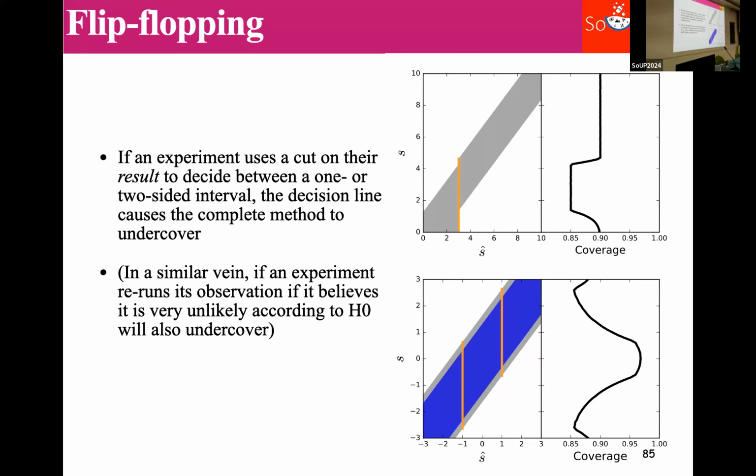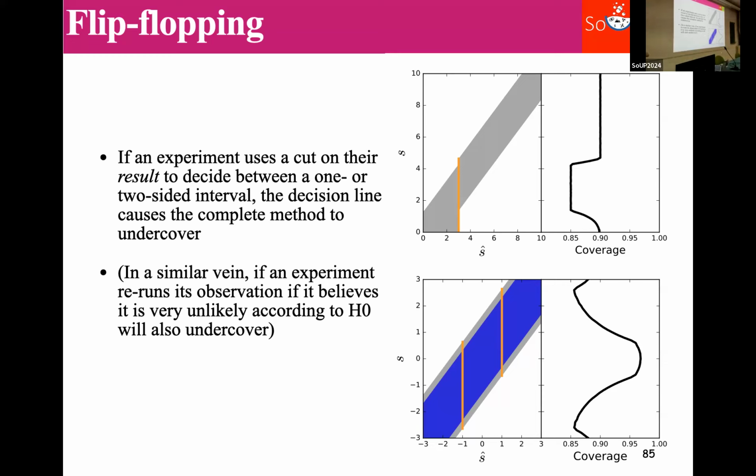And there's actually a similar case here, which is an even more subtle case, which is even if your experiment reruns your observation only if it looks like an outlier, right? If you say, I want to rerun my experiment if it looks like an outlier, if I have more than a couple of sigmas deviation on both sides, I'm going to rerun. And I'm going to rerun with a better experiment. So you see here, the blue one represents the better experiment with tighter constraints.